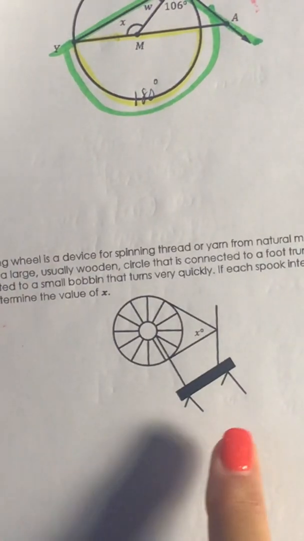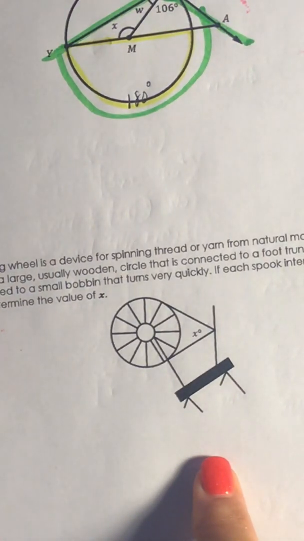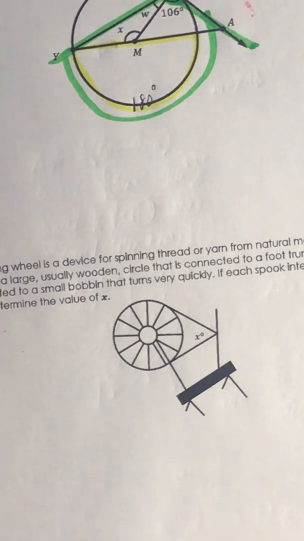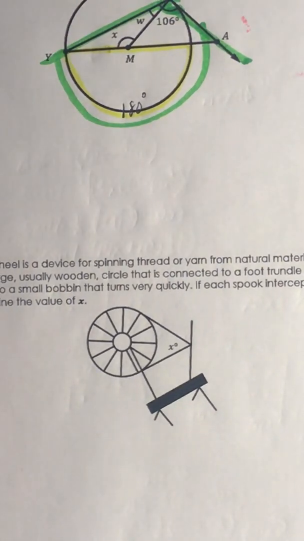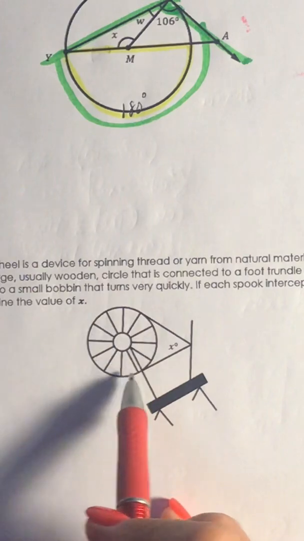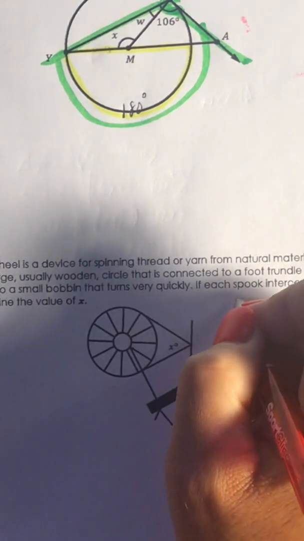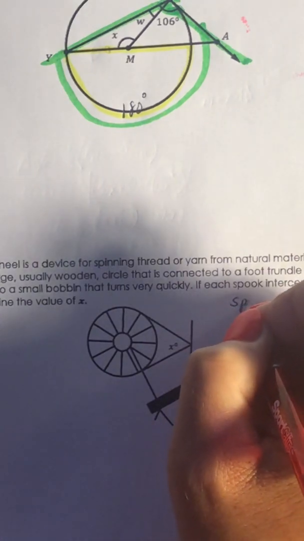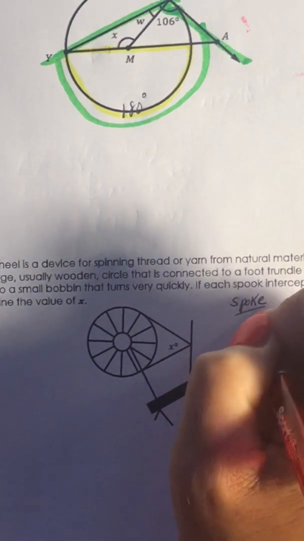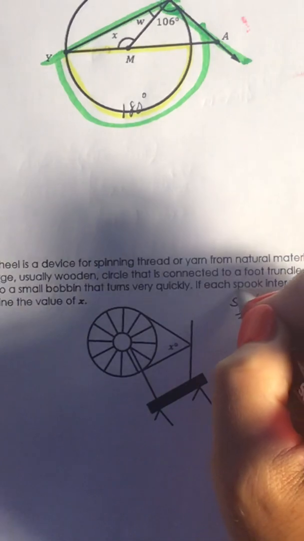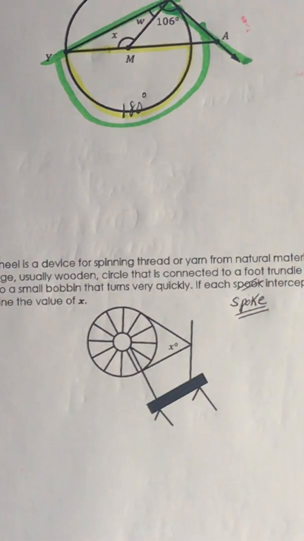And this little spinning wheel problem is very similar to the Ferris wheel problem, where we ended up with seats on the Ferris wheel. Well, instead of seats, they said of each spook, it's not supposed to be spook, it's supposed to be spoke. That was a typo from Math Nation, so it's not a spook, it's a spoke, okay?